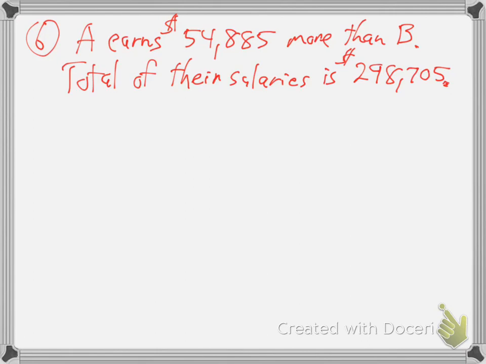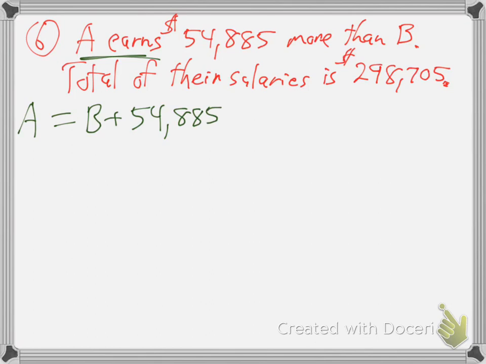Okay, so let me help a bit. What does it say about A? A earns, A equals B add 54,885. Does that make sense?